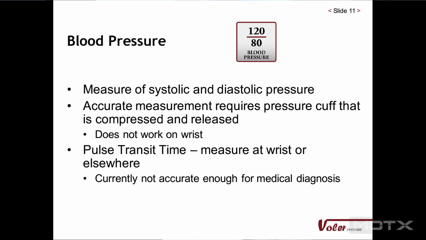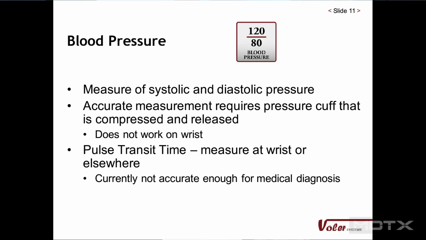Blood pressure is difficult to measure accurately any way except with the cuff. A cuff on your arm is standard. You can also get a cuff on your wrist, but as a wrist-worn device, that's rather bulky. There's another technology, and that's the pulse transit time. You can measure when the heart beats with an ECG or heart rate detection with electrodes, and you can measure when the pulse arrives, for example, at an extremity like the wrist.